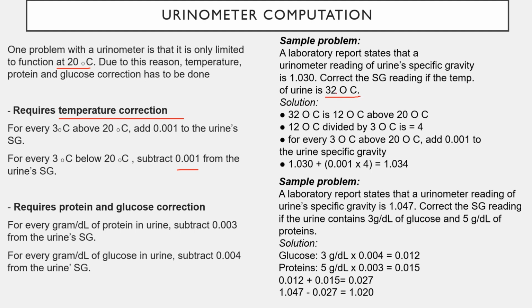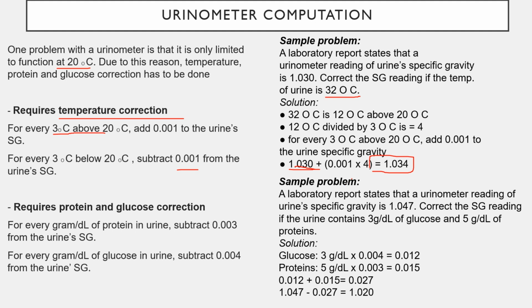If we apply the formula, for every 3 degrees above 20 degrees, you need to add 0.001. So 32 minus 20, you would get 12 degrees centigrade above. 12 degrees divided by 3 is equal to 4. So for every 3 degrees above 20 degrees, add 0.001. So the given specific gravity plus 0.001 times the amount it would be corrected, which is 4.